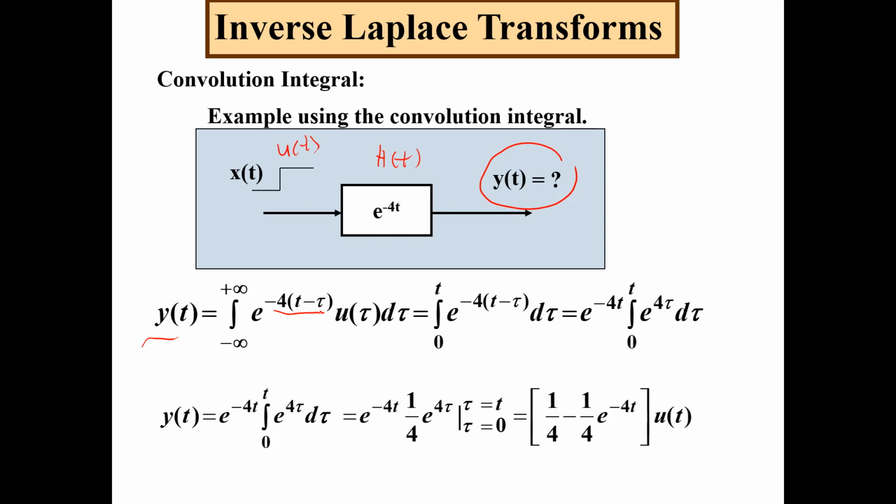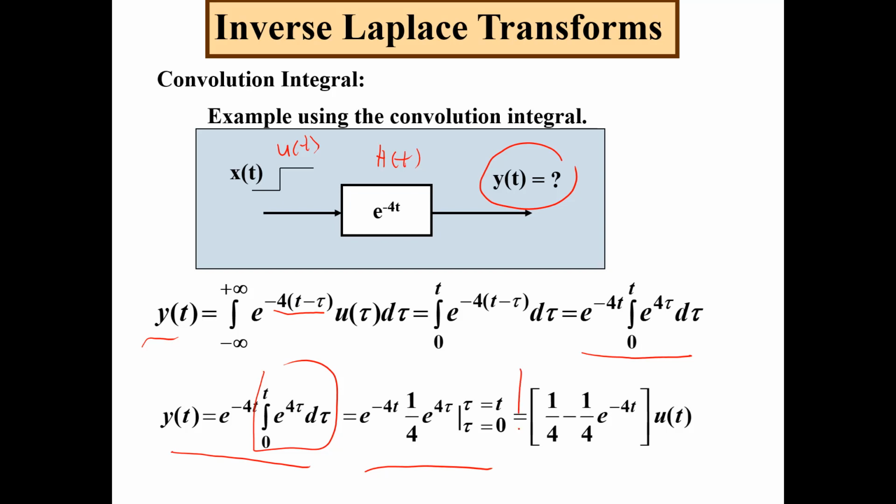Okay, so it's equal to e^(-4t) times the integral from 0 to t of e^(4φ) dφ. Then we got that y(t) is e^(-4t) times the integral of e^(4φ) dφ, and when we integrate this, we get e^(-4t) times 1/4 e^(4φ) from 0 to t.